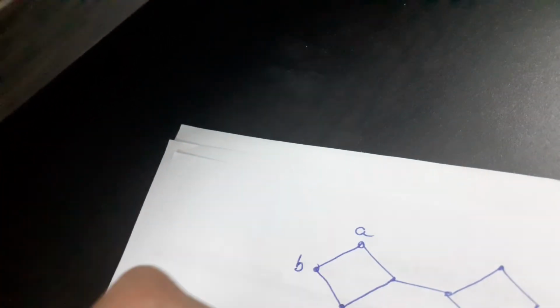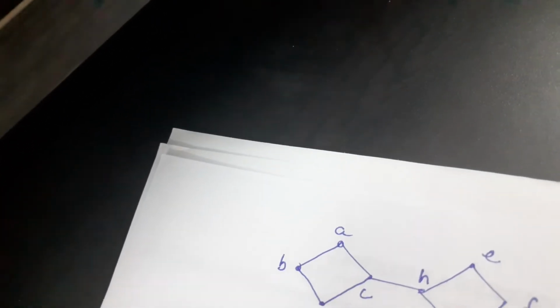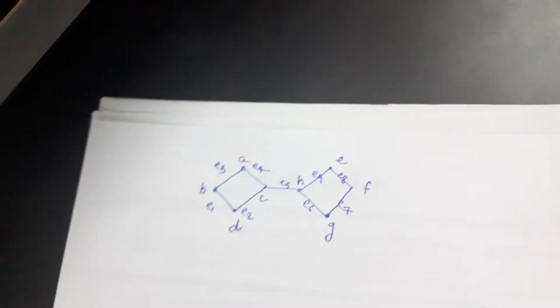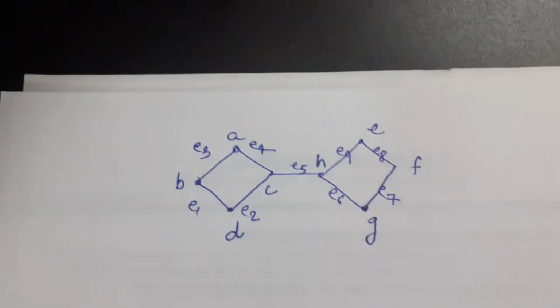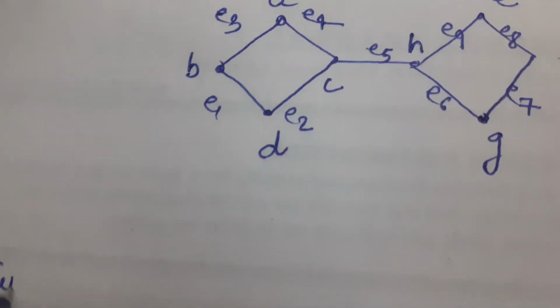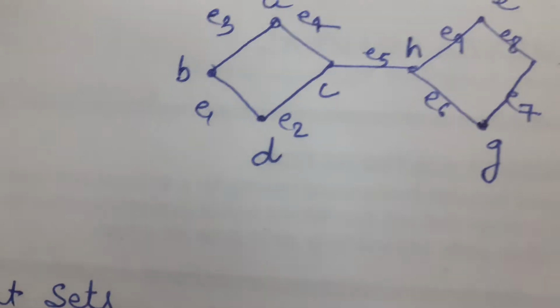A, B, D, C, H, E, and here's F, G, E3, E4, E1, E2, E5, E9, E8, E6 and E7. Now this is the graph given to you. You have to find out the cut sets.